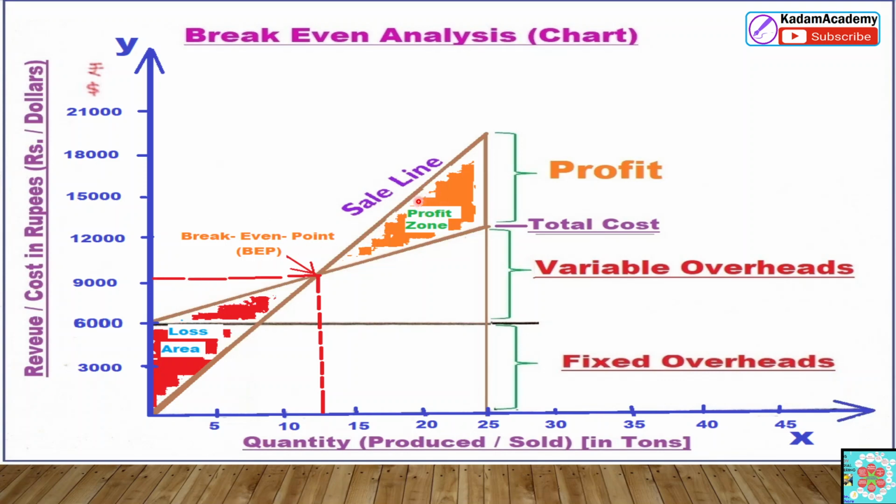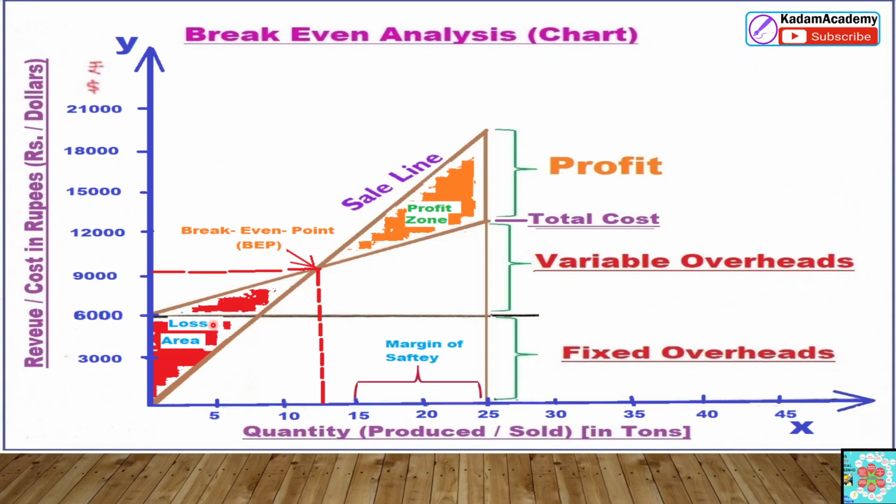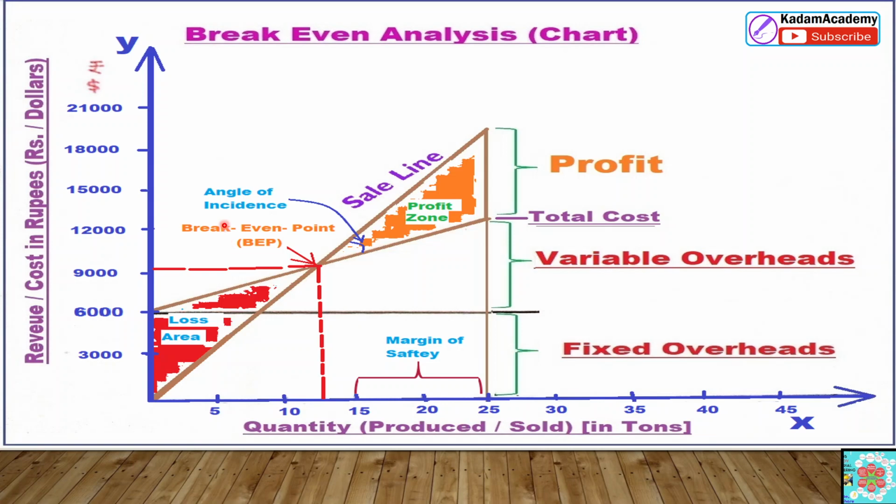And this is the profit zone, and this red color area within this is the loss area, a loss zone. So these are the lines drawn here. Now what? See here, this is the margin of safety.